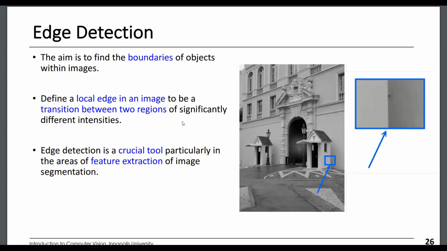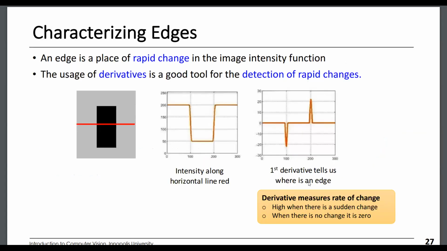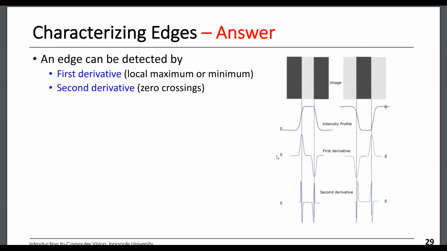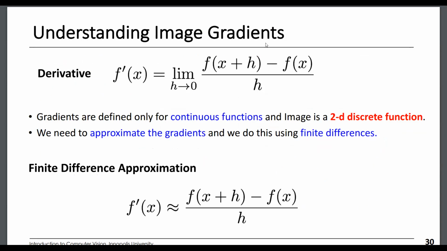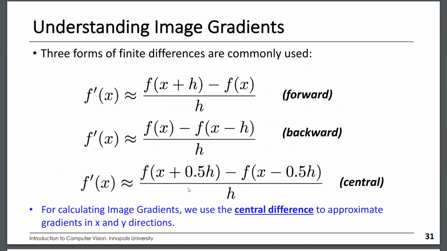After that, we started speaking about edges, and we said that edges are a big change in the intensities of the pixels. We have seen that the first derivative can tell us where these changes are by calculating the local minimums. Then we saw that the second derivative is even easier, because it's the locations where we have zero crossings. Our images are not continuous functions, so we cannot calculate the derivative directly, so we approximate these differences through different formulas.